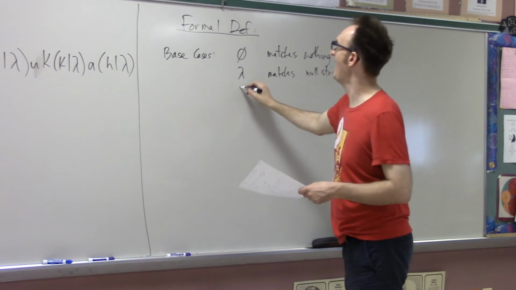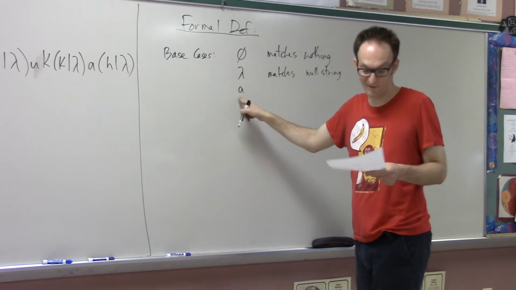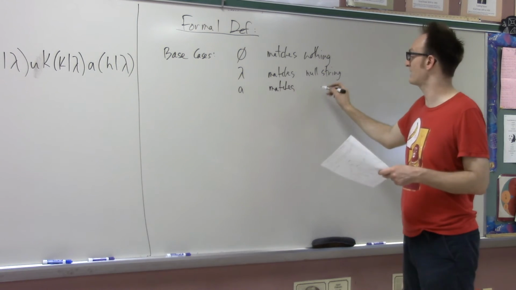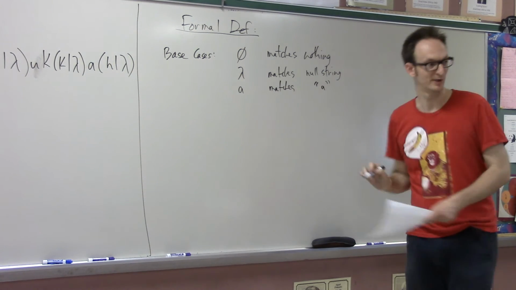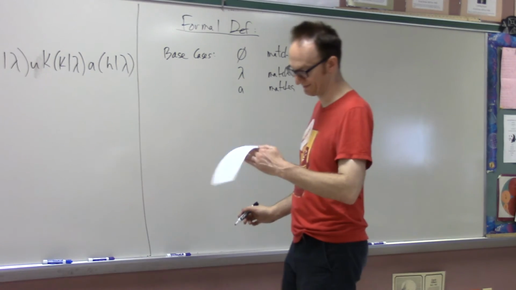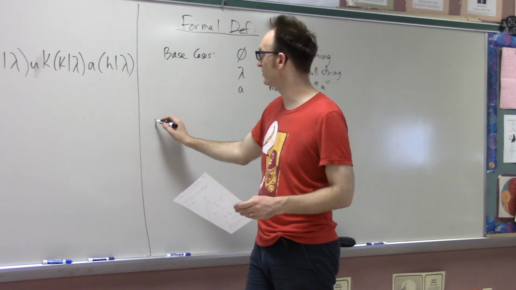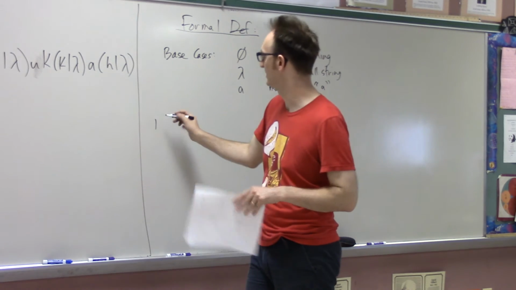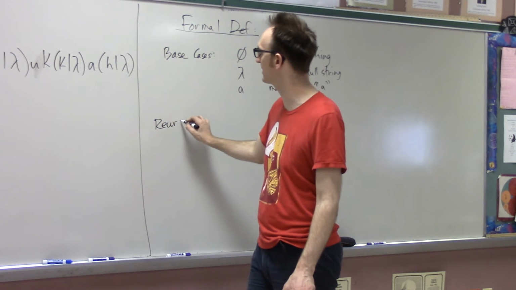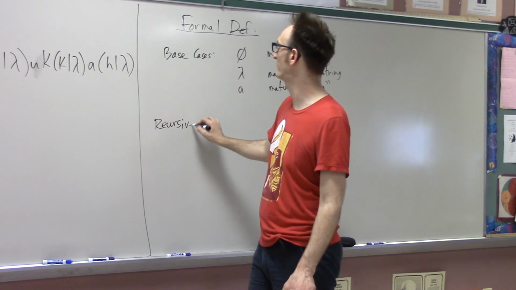And A, any character from the alphabet, is itself a regular expression, which matches precisely that character. Again, some philosophical things going on here, let's choose not to talk about it. All right, and then there's the recursive, inductive part of the definition.